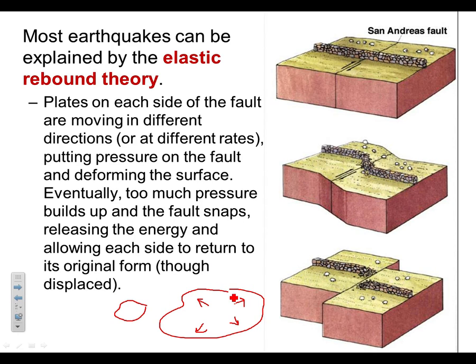The broken rubber band goes back to being this big. It's just broken. So it's the same size as it was before essentially. And that's what this is showing here. So the plates are going different directions, the pressure builds up, the rocks can't handle it, it snaps. The rocks go back to being straight, they're just now in different positions.